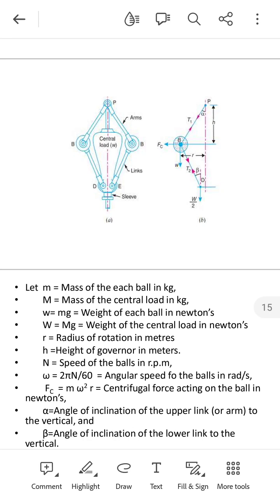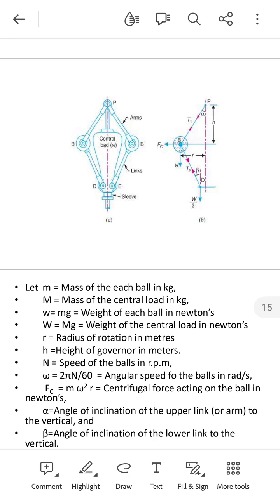Let m be the mass of each ball in kg, capital M the mass of the center load in kg, w equal to m into g the weight of each ball in newtons, and W equal to M into g the weight of the center load in newtons. r is the radius of rotation in meters, h is the height of the governor in meters, n is the speed of the ball in rpm, and omega is equal to 2 pi n divided by 60, that is the angular speed of the ball in radians per second.